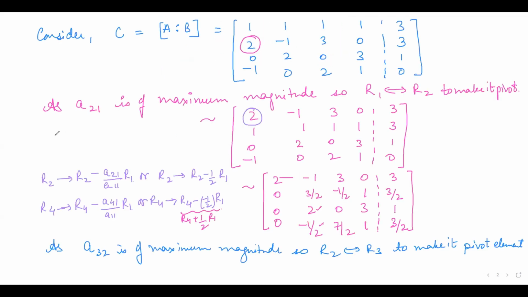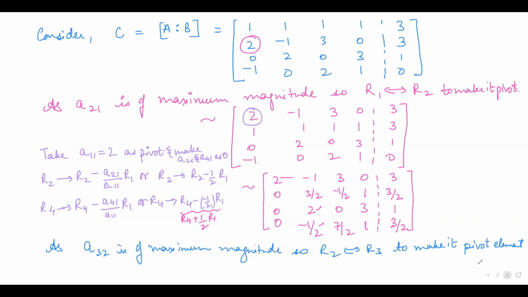So take A11, which is 2, as the pivot. And you have to make A21, A41 as 0.